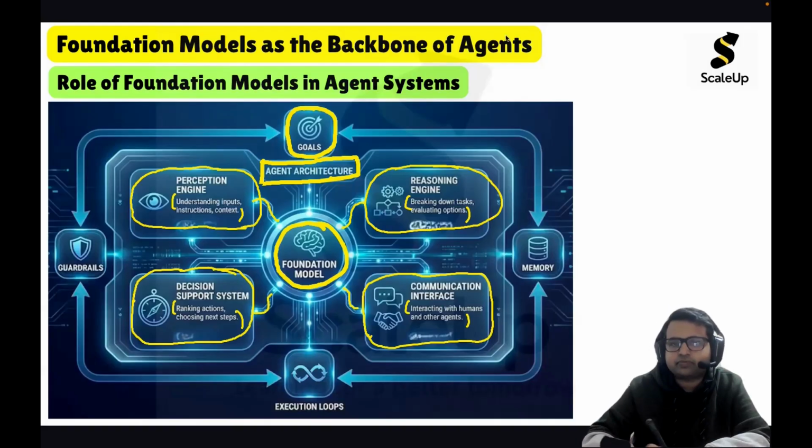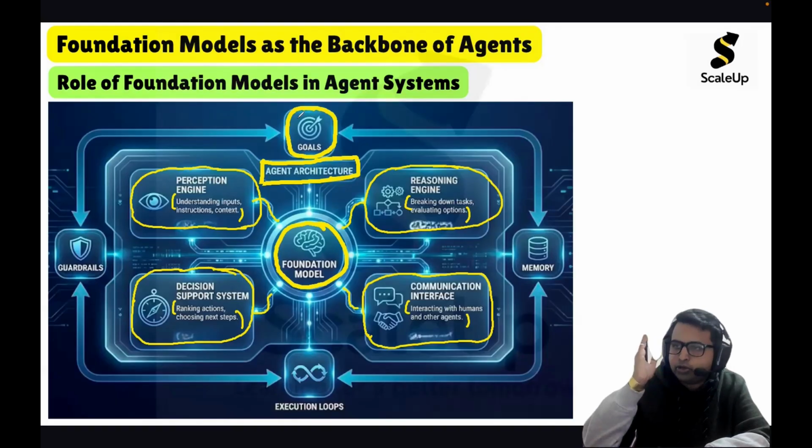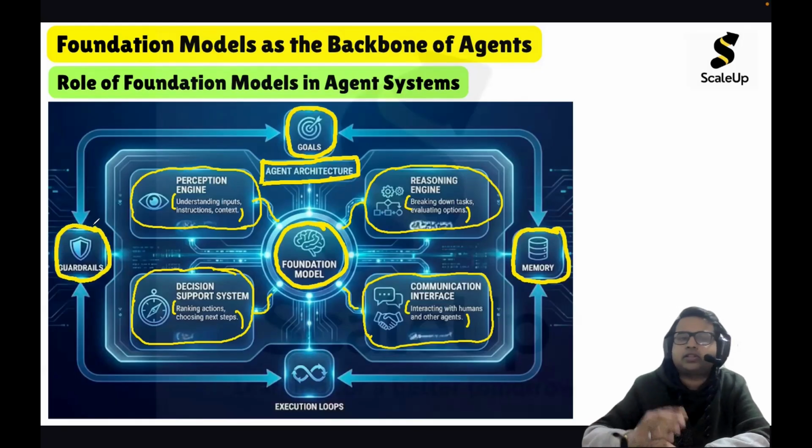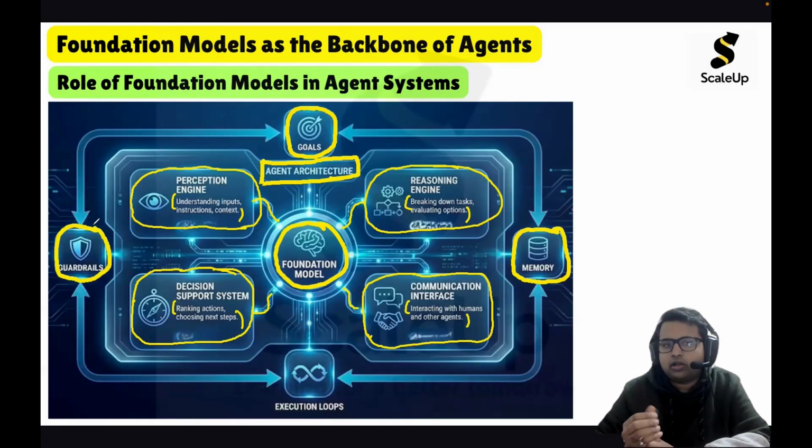And if I talk about agents, every agent is goal driven. They have a goal to achieve. They have state, memory is in place, and guardrails are also there, wherein the agent has a certain level of autonomy, but it cannot do whatever it wants to do.